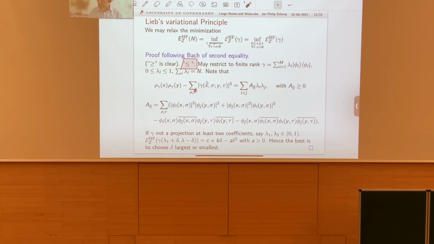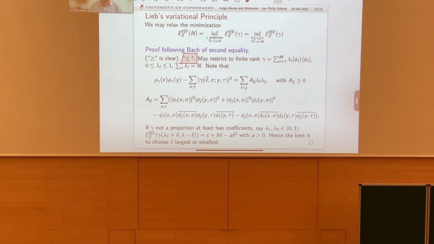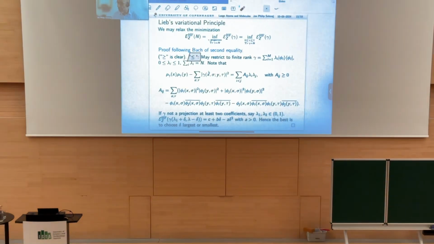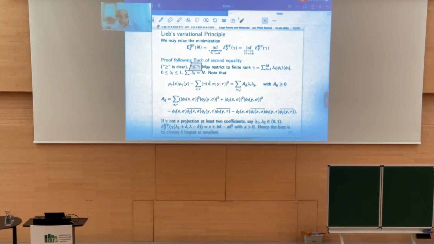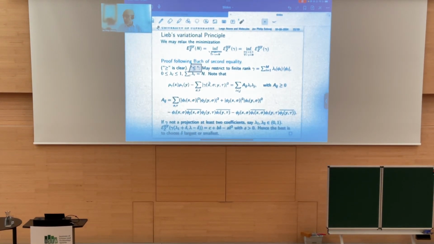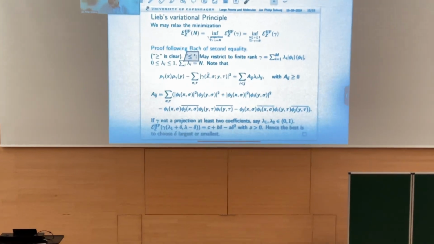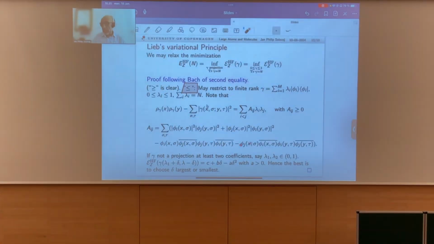And then this exchange term, the thing that comes from lambda i lambda j, well, there will be a term which is phi i x sigma, phi i y tau. That's the gamma coming from there, from the x sigma y tau, and then multiplied by the complex conjugate, sum over i and j again. And there's the symmetry on each. But then you see by simple Schwarz inequality that this thing here is actually greater than.